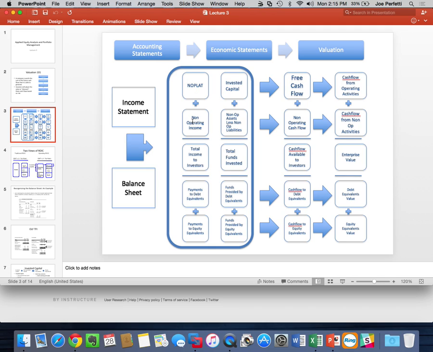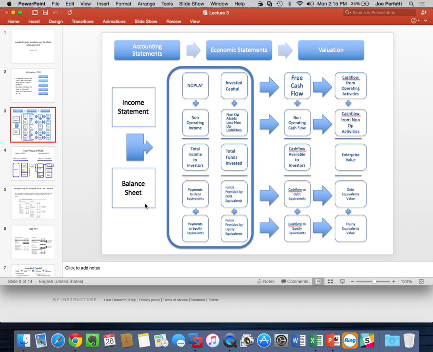When we add the 2 together, we get total income available to investors, TII. Then we'll take the debt payments off the income statement, interest expense, and we'll put that in the payments to the debt holders. And then we'll take the equity items off the income statement, net income, and we'll put that into the equity bucket. Okay? And what we'll get is a balancing statement of TII.